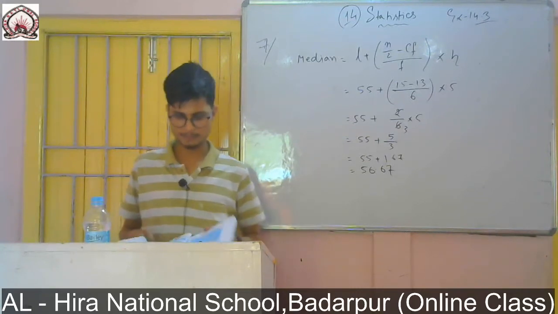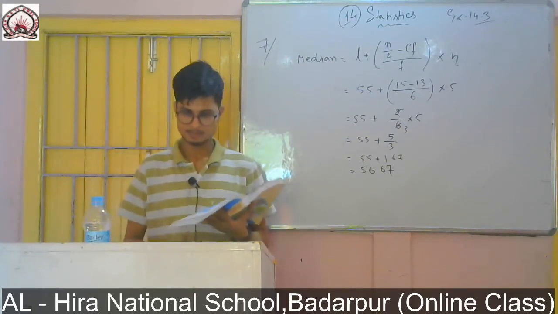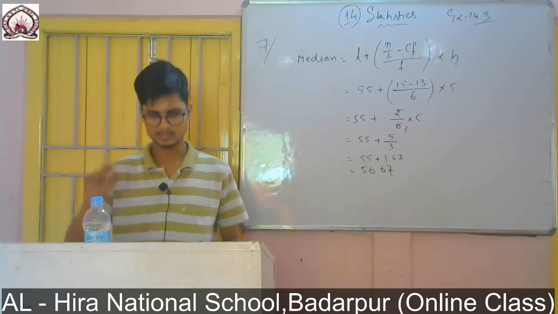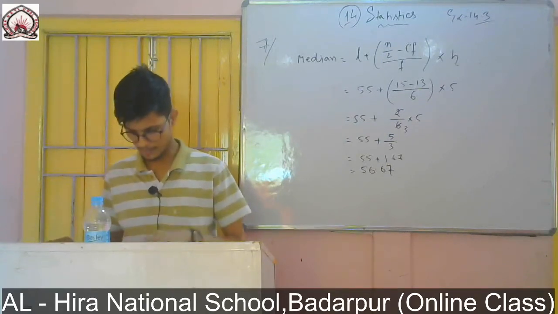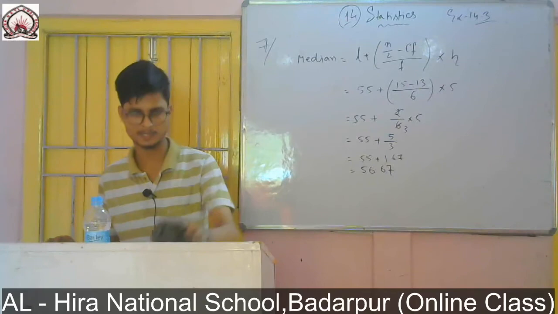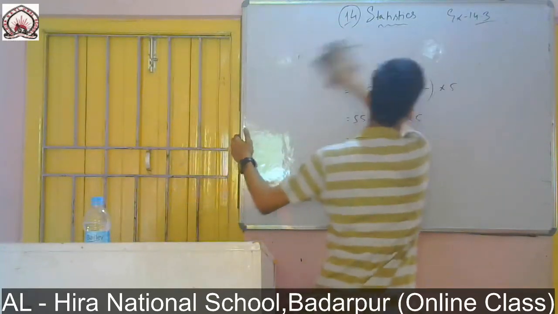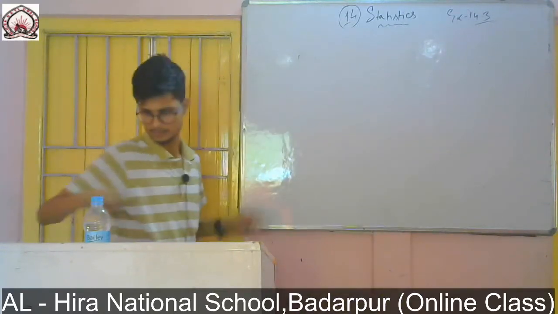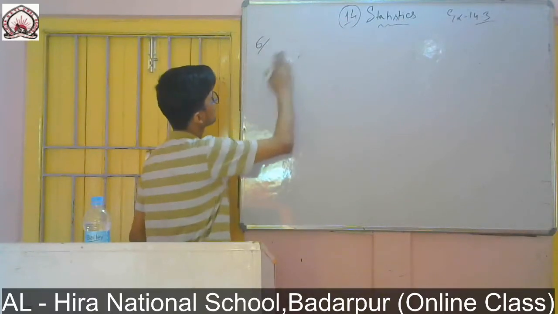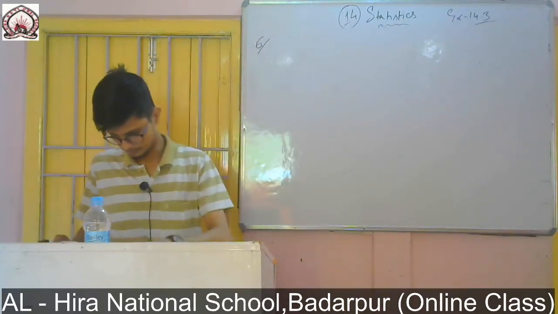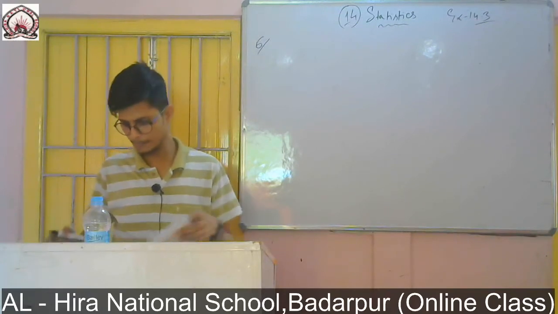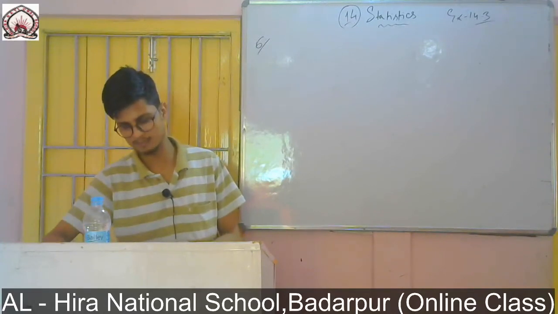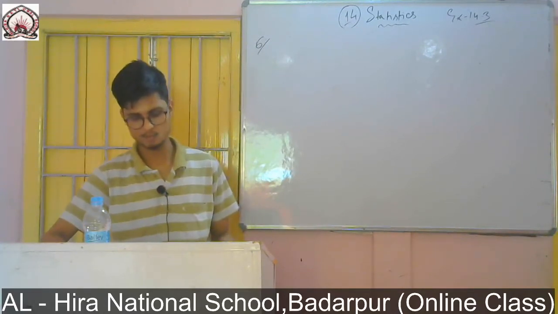So now the last sum of this exercise, that is question number 6. Here I said I need to calculate all three things, that is mean, median and mode. So one by one I have to go. It is a little lengthy, so I have kept it at last. Question number 6. 100 surnames were randomly picked up from a local telephone directory, and the frequency distribution of the number of letters in the English alphabet in the surnames was obtained as follows.